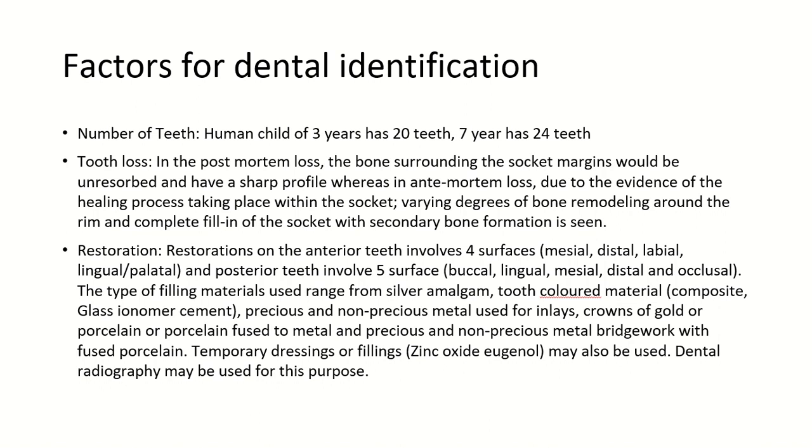It can be silver amalgam or tooth colored material, etc. The metals used: crowns of gold, porcelain, etc. Temporary dressing or fillings, that is zinc oxide eugenol, can be used. For all these purposes dental radiography is done.